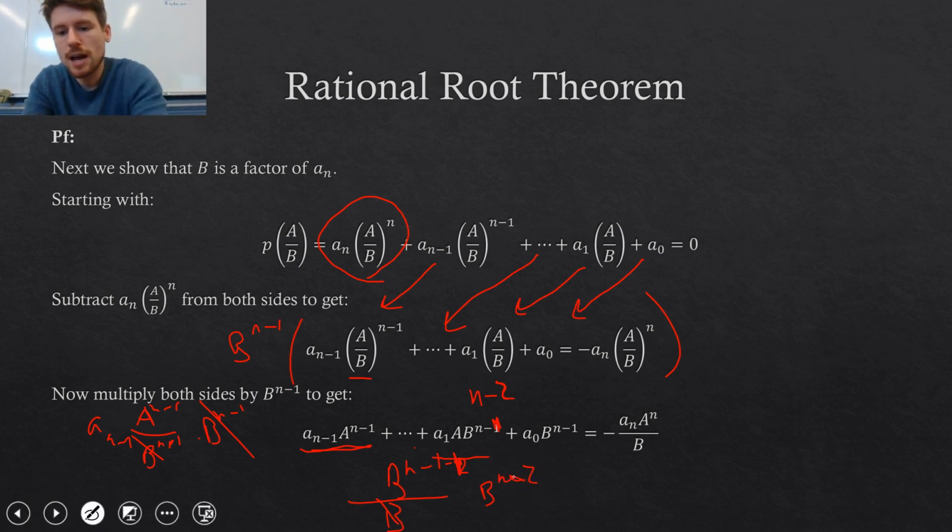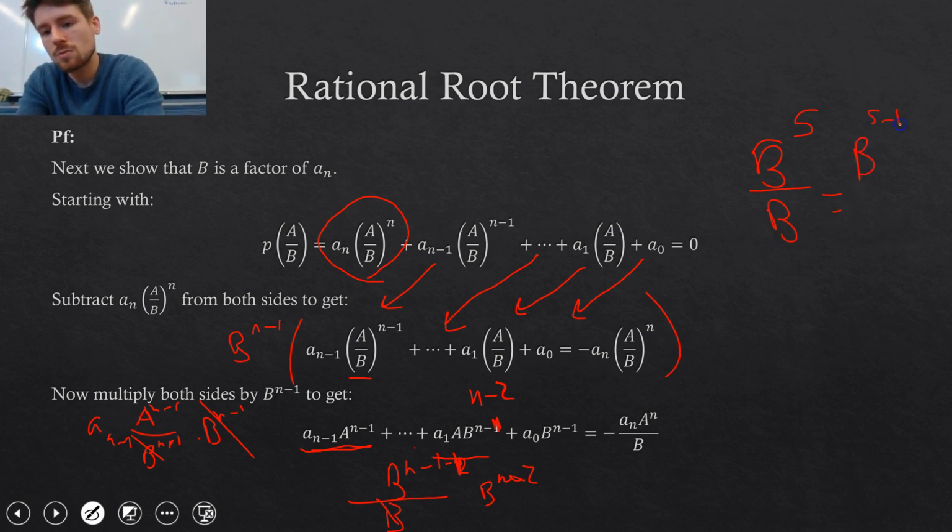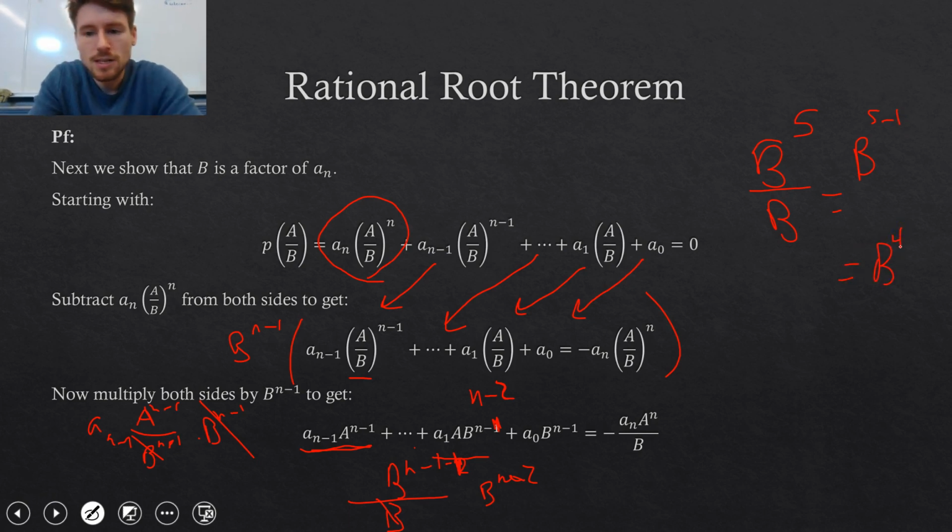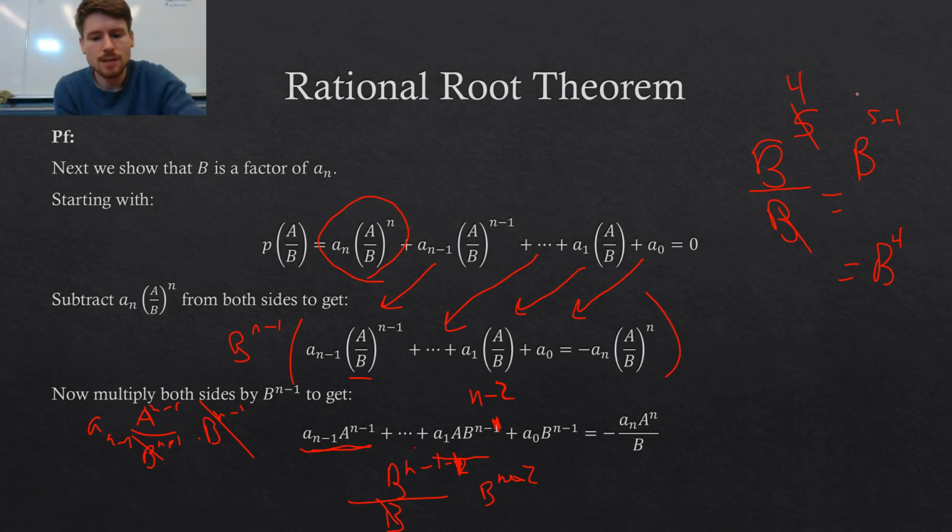Again, for example, if I've got b to the 5th over b, you know exactly that this is b to the 5 minus 1, which is equal to b to the 4. So we take away 1 from the power. Each of these powers of b gets bigger as we go to the right.